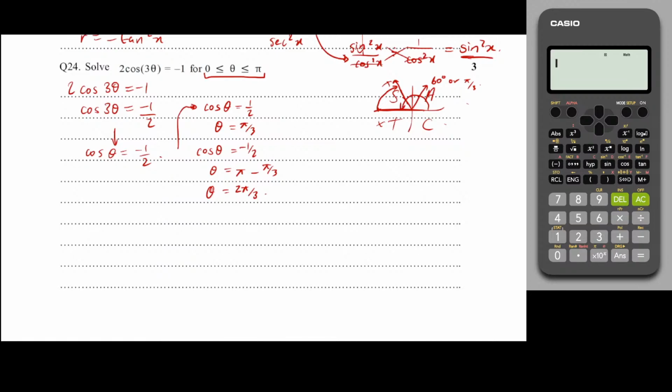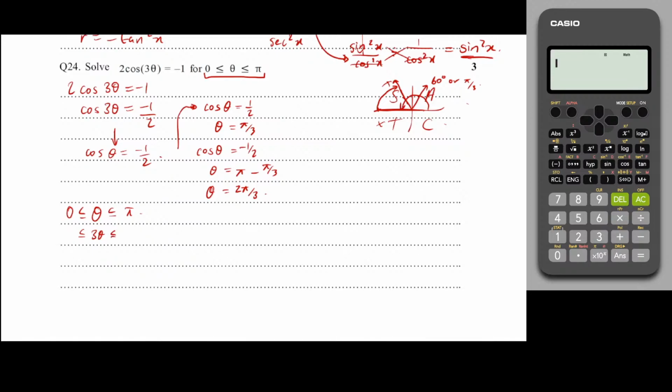Now this is only if it was equal to theta. Okay. So theta would be equal to 2 pi on 3. But the issue is, that's only if we've got theta being between 0 and pi. That's only theta. But we've got 3 theta, okay?